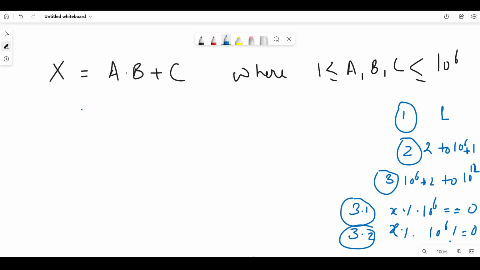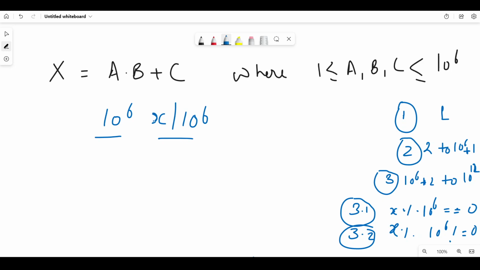Then I will straight away assume that my a is 10 to the power 6, and I will calculate b by dividing the value of x by 10 to the power 6.